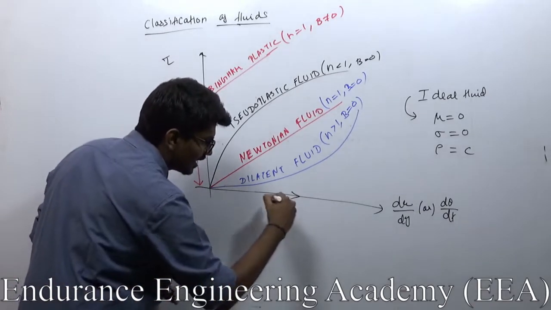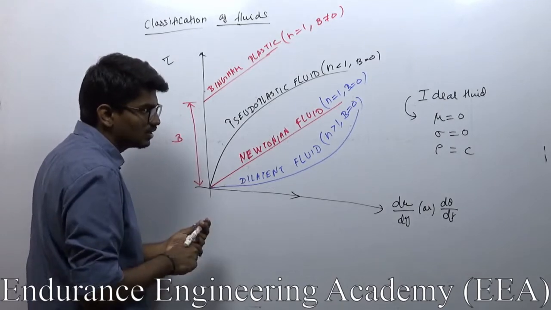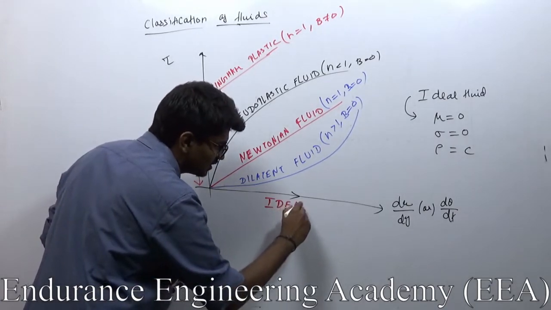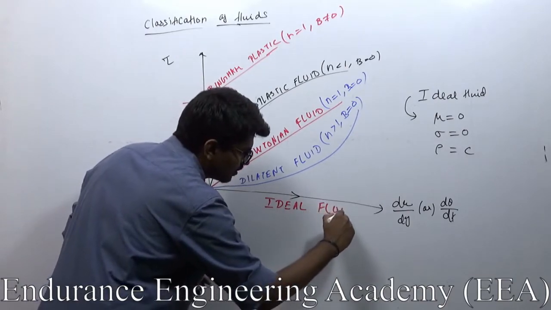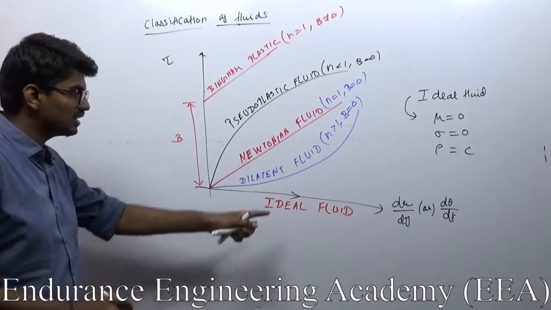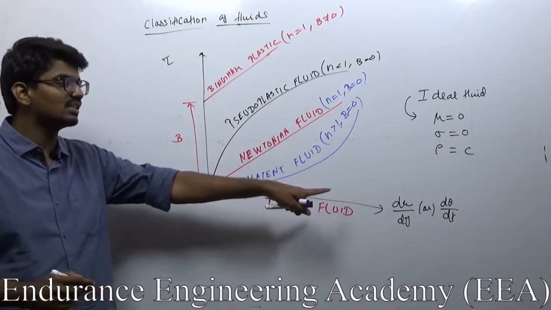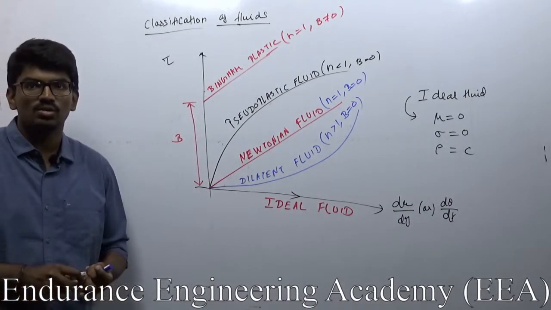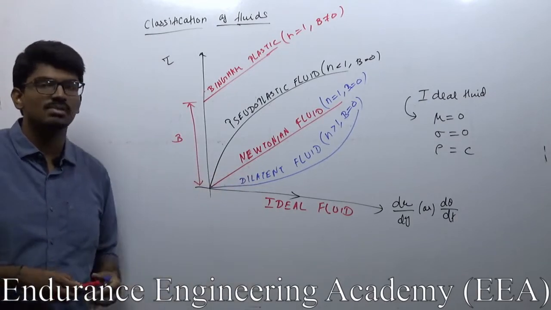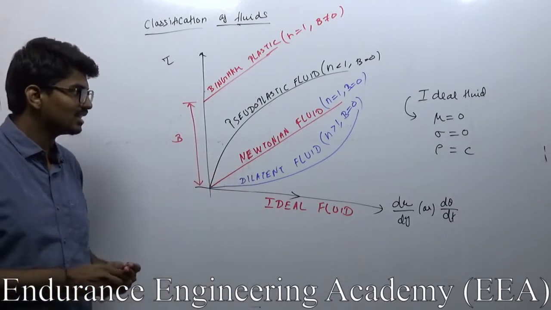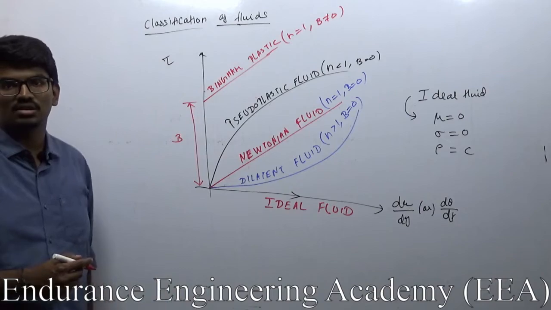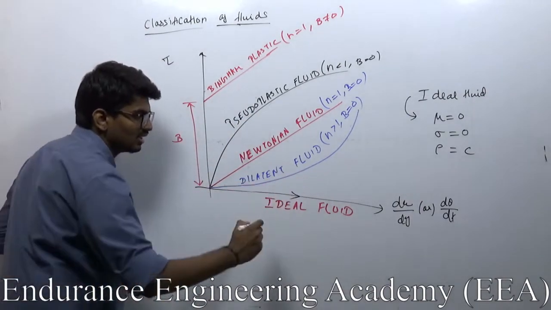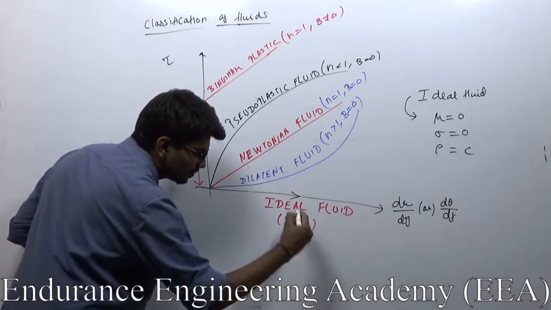So it will be an exactly horizontal line, representing ideal fluid. There will be continuous deformation even without applying shear stress. Since mu is 0, shear stress will also be 0, so tau is equal to 0.